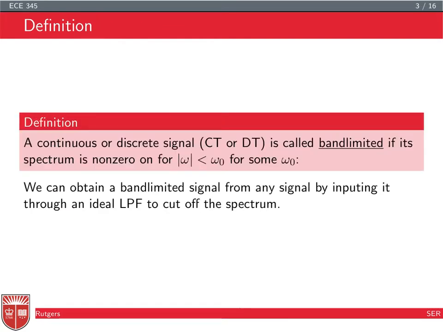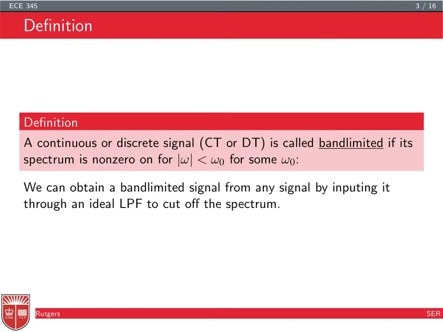A band-limited signal is basically what the name says. It's a signal, it could be continuous or discrete, where the spectrum of it is limited to a finite interval, meaning when you do the CTFT of it in the frequency domain, it may look something like this.